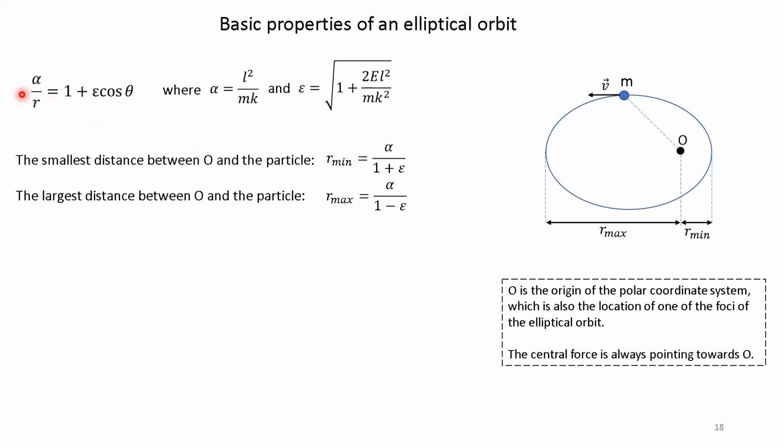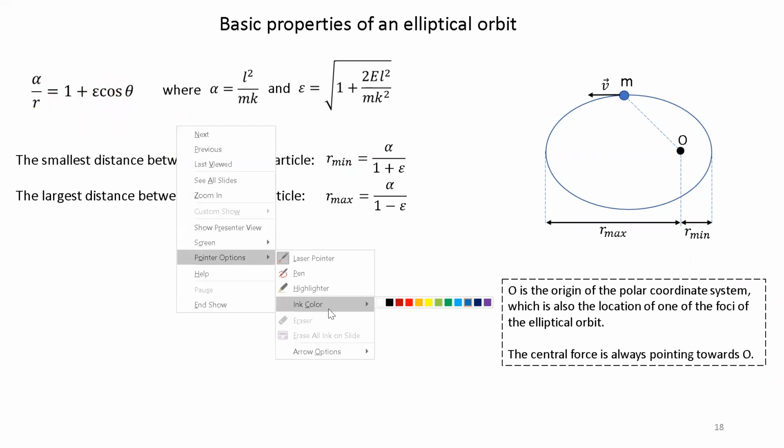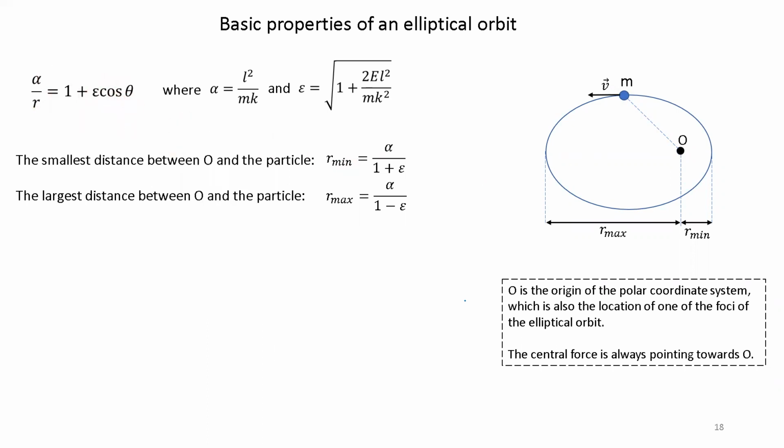From this equation, let me write it in this form instead. So this R is alpha over 1 plus epsilon cosine theta. The minimum possible value of R occurs when you have the greatest denominator, when cosine theta is 1.